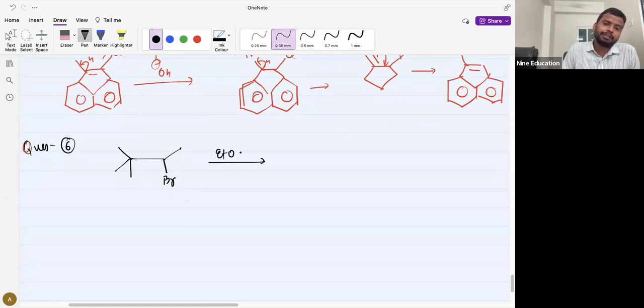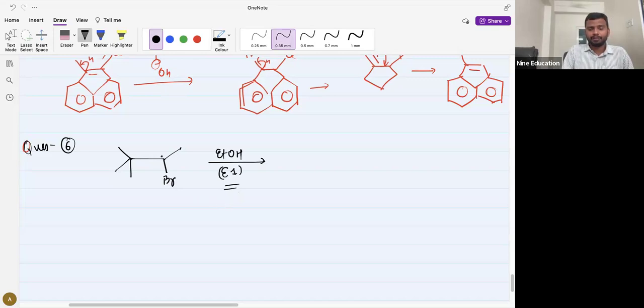And I put in this reaction EtOH. So the reaction will go through the E1 mechanism.